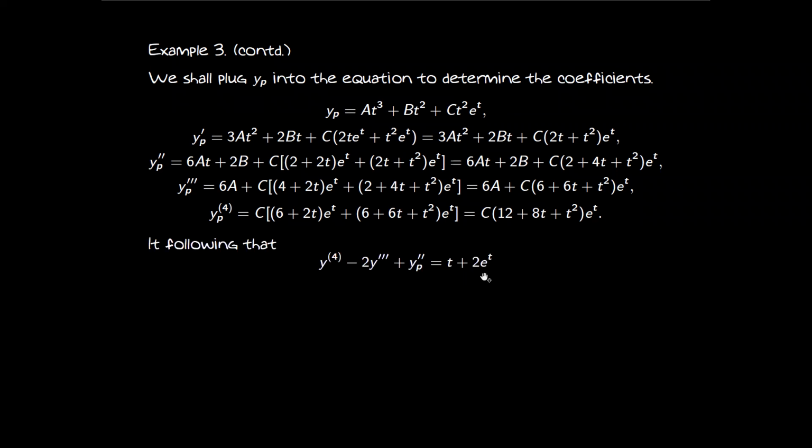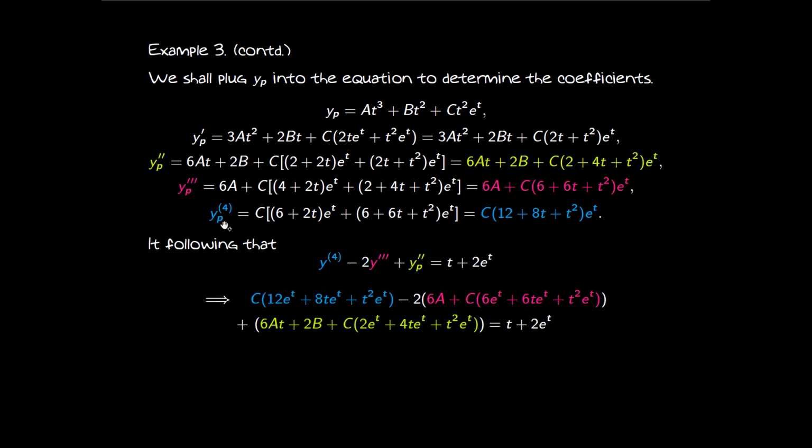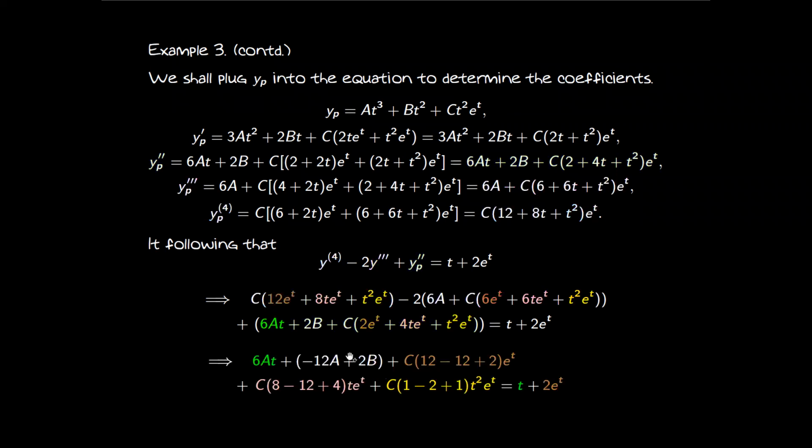This is our equation, right? So we use the fourth derivative, the third derivative, and the second derivative. We simply plug all of them in. And then we carry out the multiplications and combine the like terms. Okay, so you can see here we have quite many different types of functions involved.